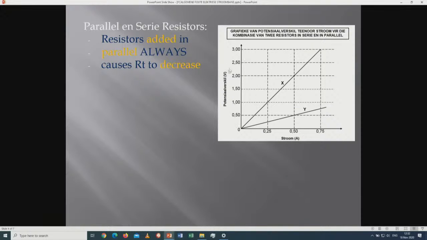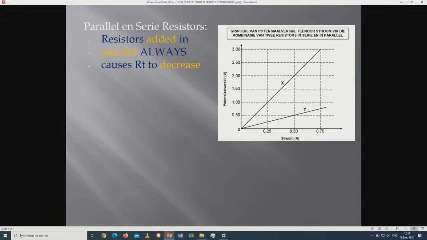And if here you have a graph of potential difference against current, and they've told you that you have two resistors, one circuit in which the two resistors are connected in series, and a second circuit in which the two resistors are connected in parallel, which graph indicates the circuit in which the resistors are connected in parallel?